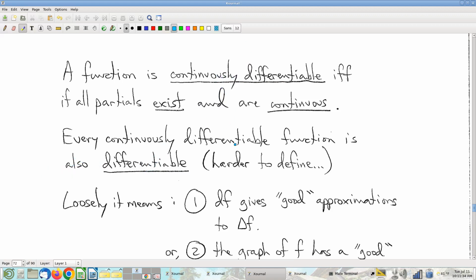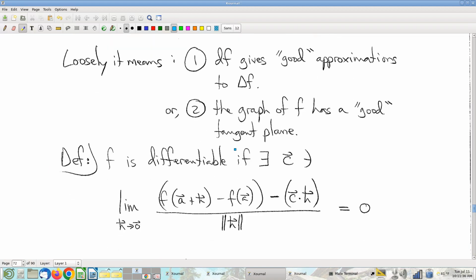Now, just real quick, I'm not going to be precise about this, but what does differentiability actually mean? Again, that's a week-long conversation to really treat it, the way I'd like to. And we don't have that kind of time, so I'm not going to do that.